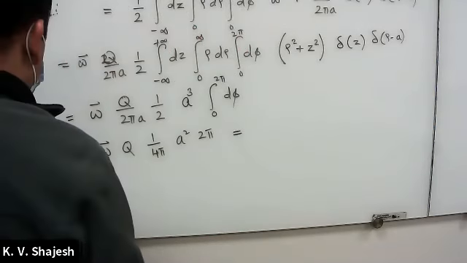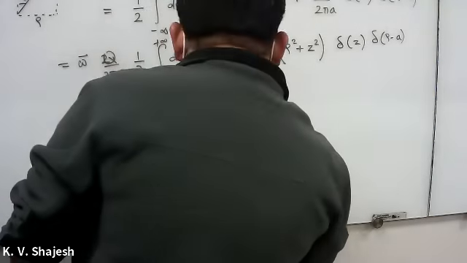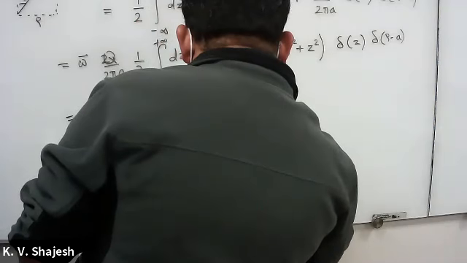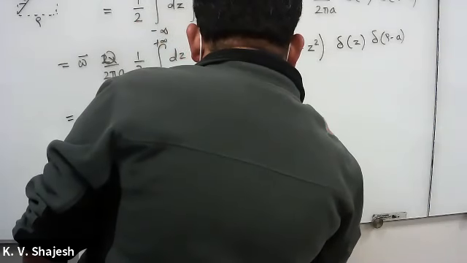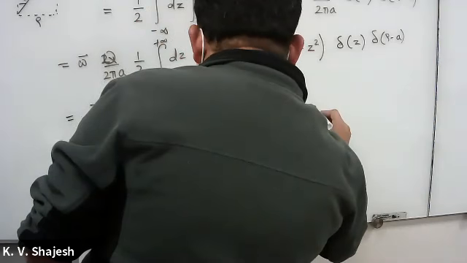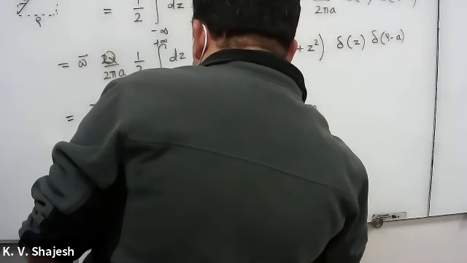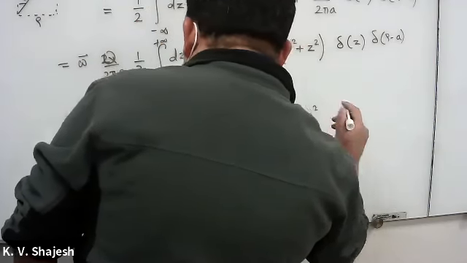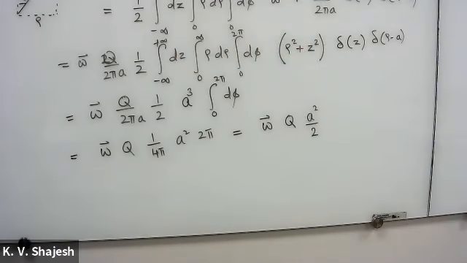And if you want, this is omega times q a squared over 2, I suppose, right? Is this correct? Did I miss something? I think it is okay.